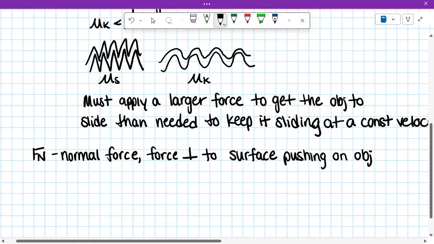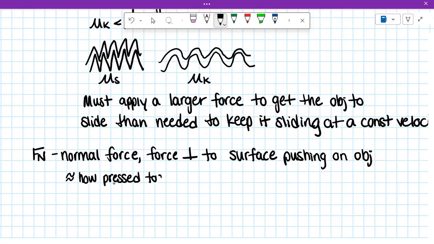That normal force is always perpendicular to the surface. It is an interaction between the surface and the object. So there's a normal force on the object, and there's also a normal force on the surface. And if you remember, we said that this helped us measure how pressed together the surfaces are.